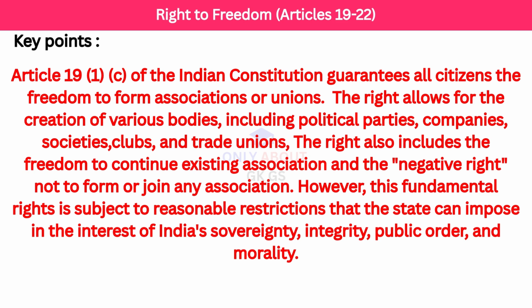The right also includes the freedom to continue existing association and the negative right not to form or join any association. However, this fundamental right is subject to reasonable restriction that the state can impose in the interest of India's sovereignty, integrity, public order, and morality.